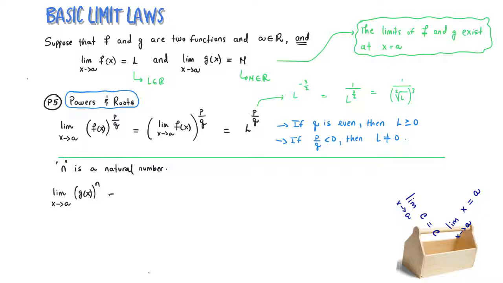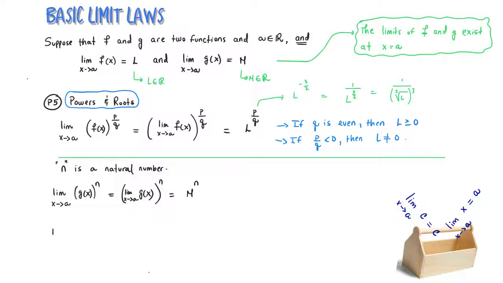So this is going to be equal to the limit as x approaches a of g of x, raised to the n. And we know this limit. We know that the limit of g at a happens to be equal to m. So this will be equal to m to the n. That's how easy it is to handle powers that are natural numbers as well.